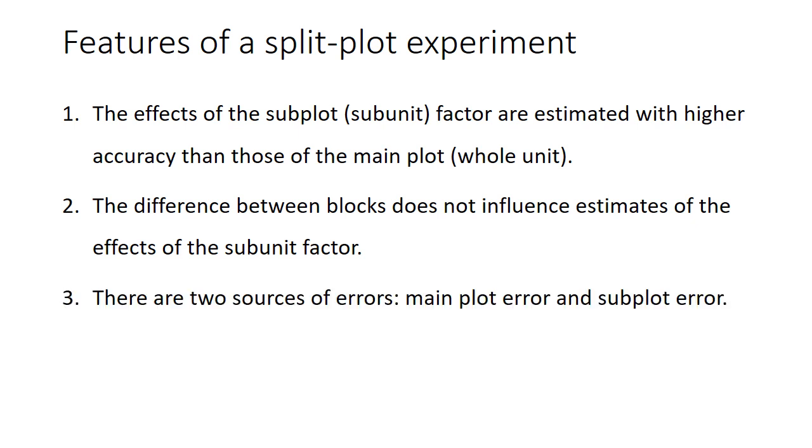Main plot error is the difference between main plots treated alike. Subplot error is the difference between subplots treated alike. We use main plot error to test for the effect of the main plot factor, and subplot error to test for the effect of the subplot factor and the interaction between these two factors.